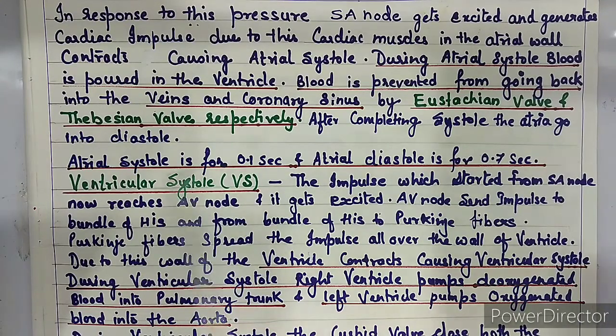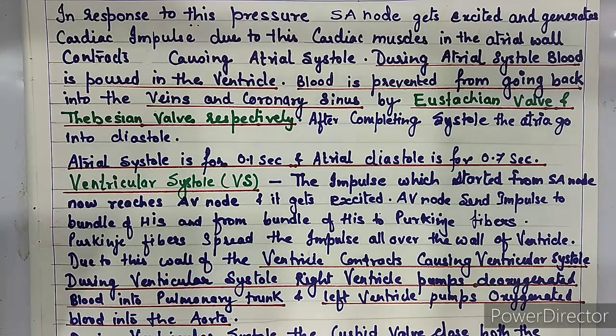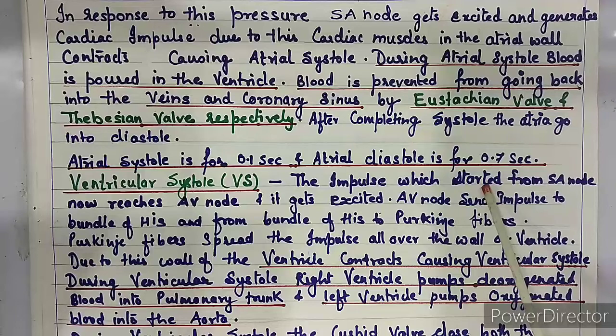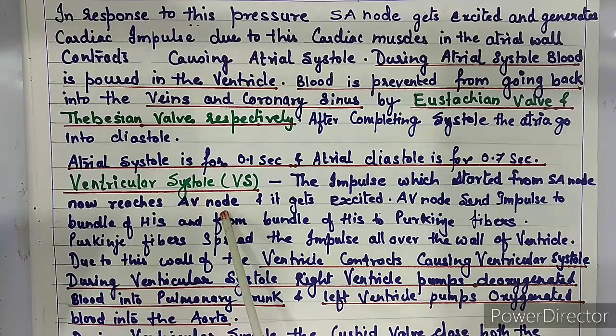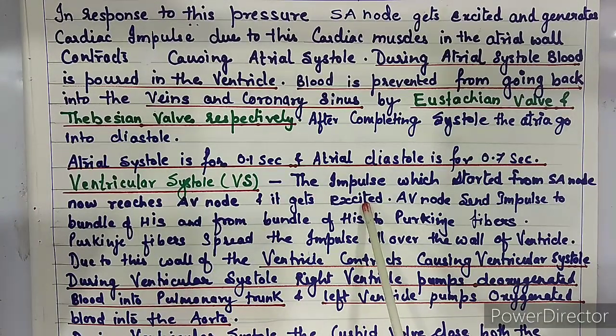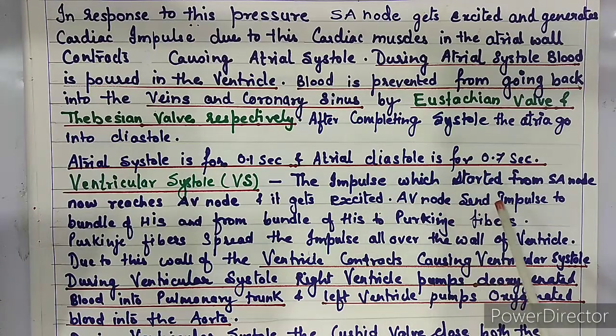Next we will study the ventricular systole, that is the contraction created in the ventricles. The impulse which started from the SA node now reaches the AV node and it gets excited. The AV node sends the impulse to the bundle of His.